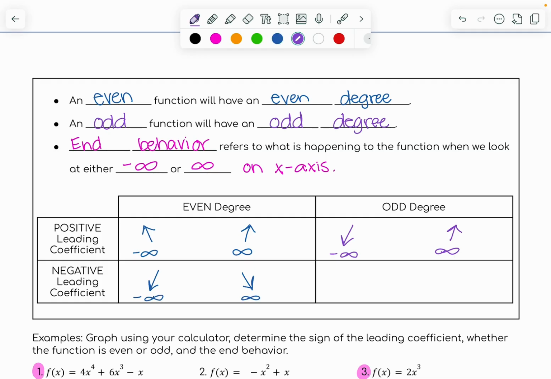And instead of going down and then up, they go up and then down if the coefficient is negative for an odd function. So something that I always like to keep in mind is that if it's an even degree, they're going the same direction. And if it's an odd degree, they're going opposite directions.